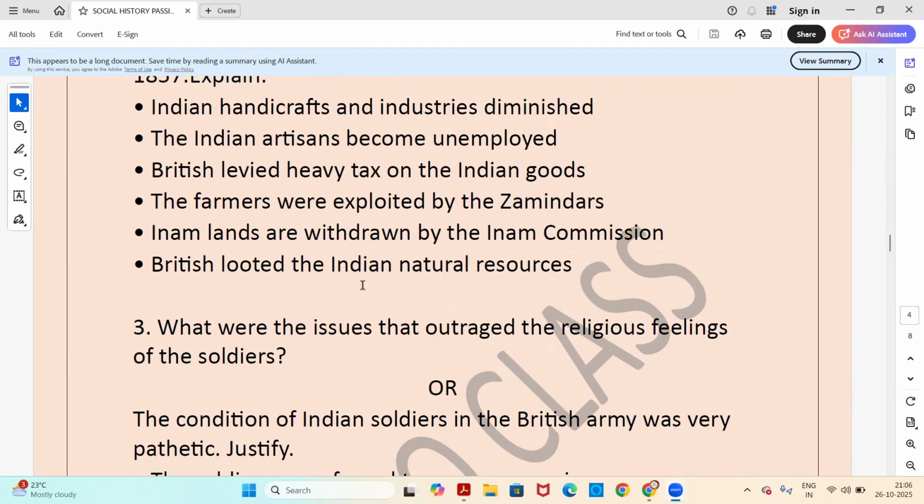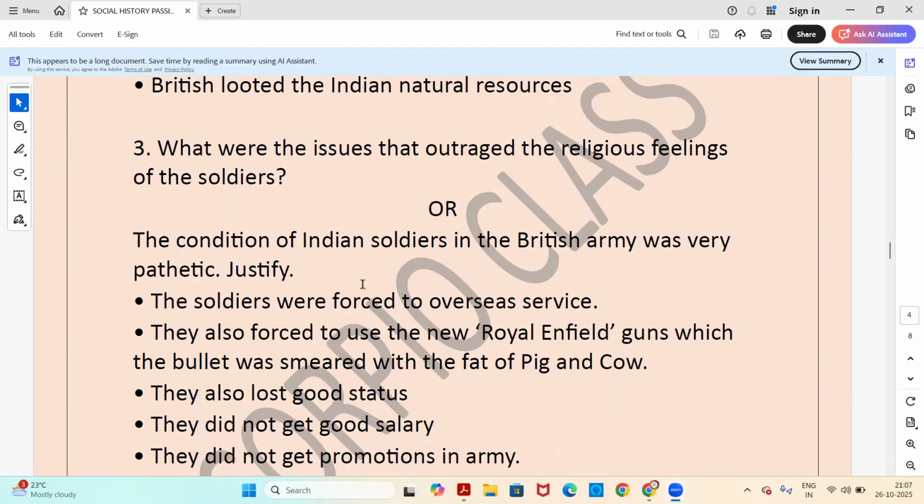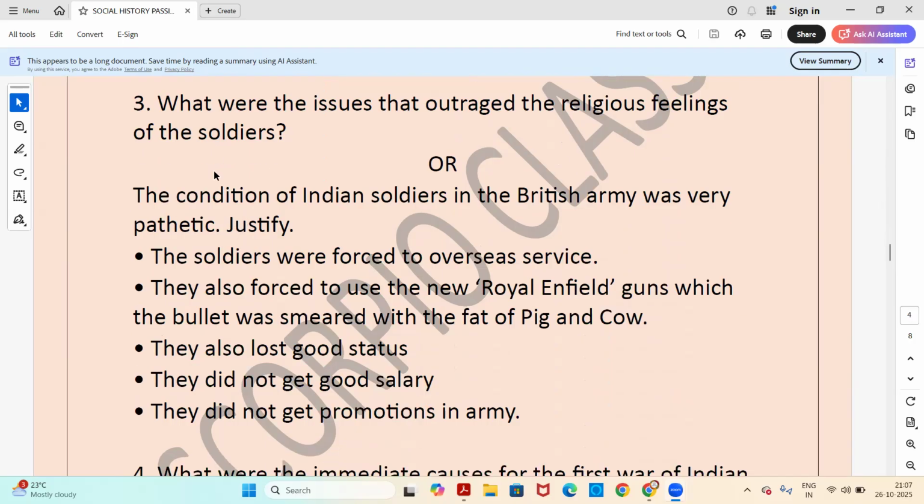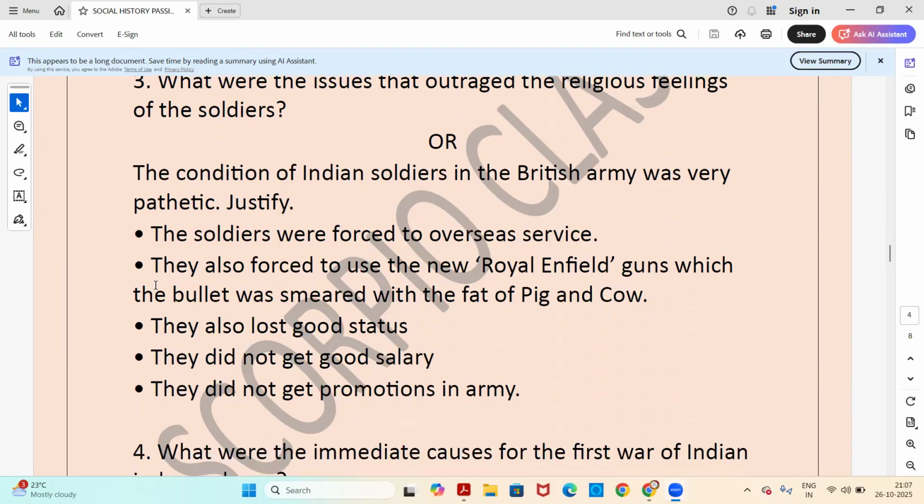Okay. So next question is, what were the issues that outraged the religious feelings of the soldiers? Or this question can also be asked in a form like, the condition of Indian soldiers in the British Army was very pathetic. Justify. The answer will be, the soldiers were forced to overseas services.